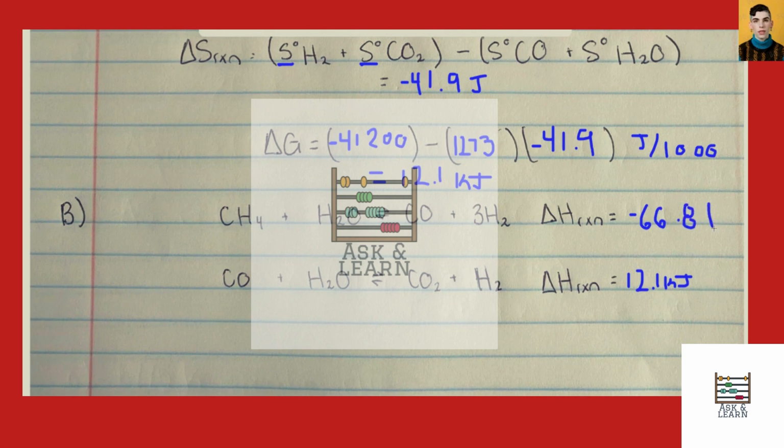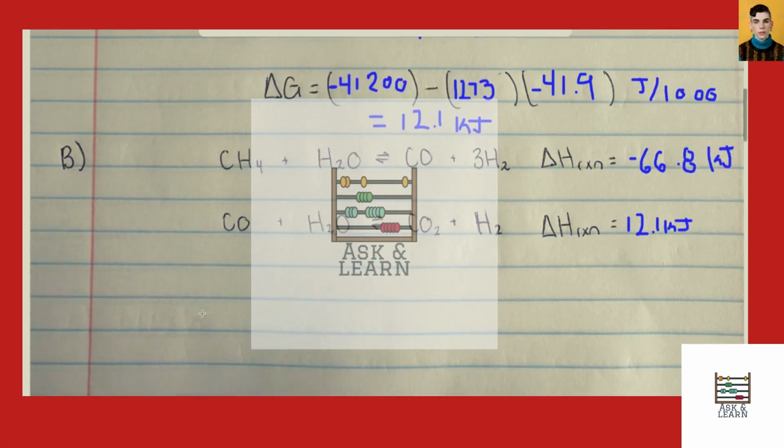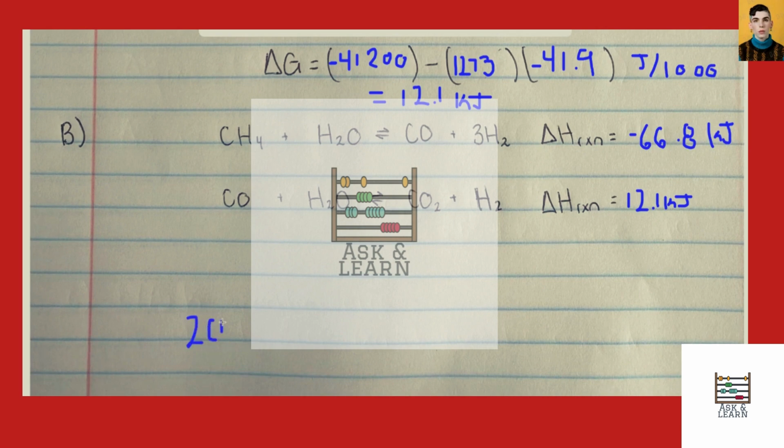All right, so we know we want to get a final equation that looks like this: 2CH4 plus 3H2O going to CO2 plus CO plus 7H2.